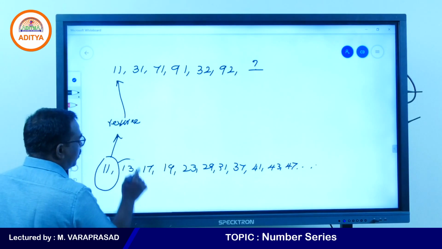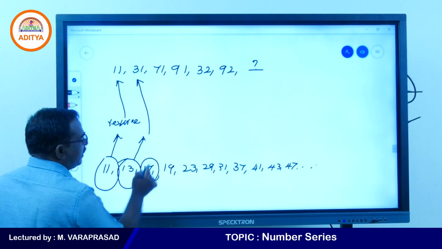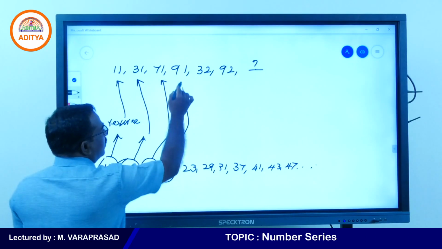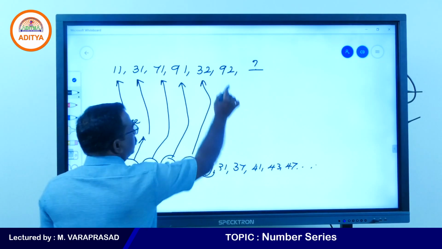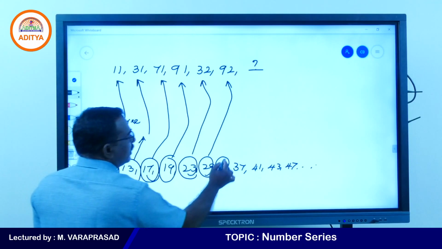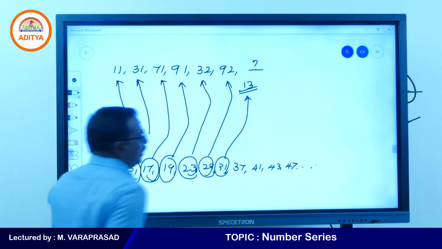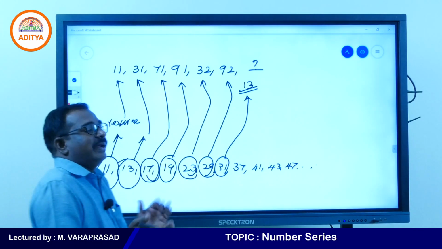The second prime number, 13, reversed is 31. The third prime number, 17, reversed is 71. The fourth prime number, 19, reversed is 91. The fifth, 23, reversed is 32. The next, 29, reversed is 92. So next you will get 31, and you need to reverse it, which means 13. The prime numbers are given in reverse manner.